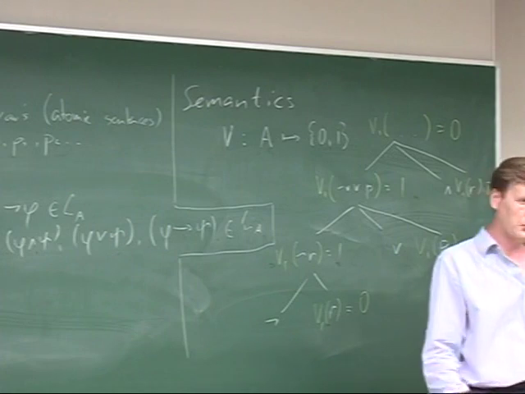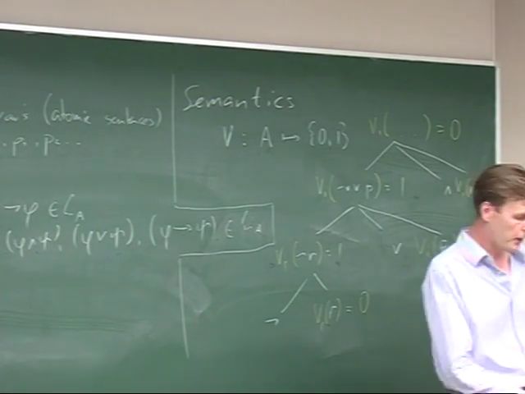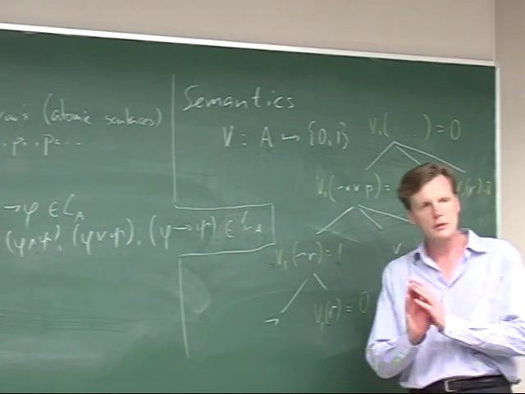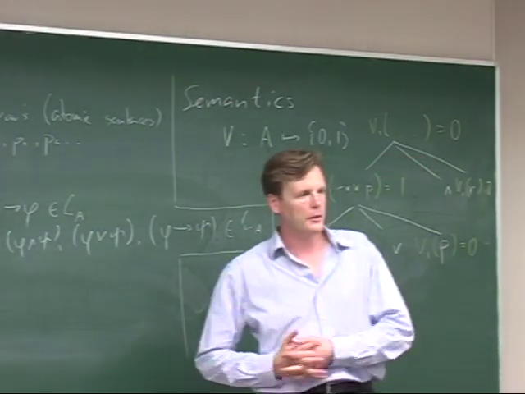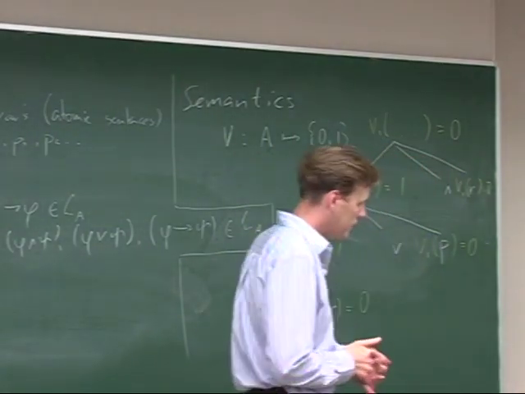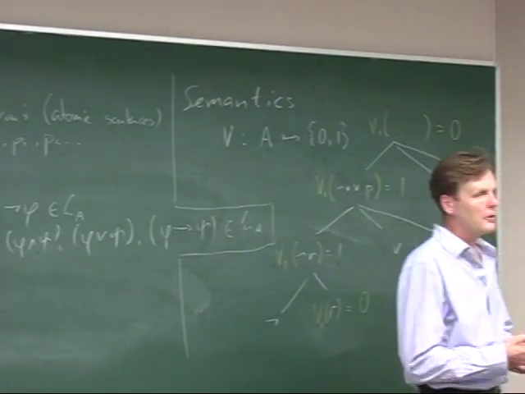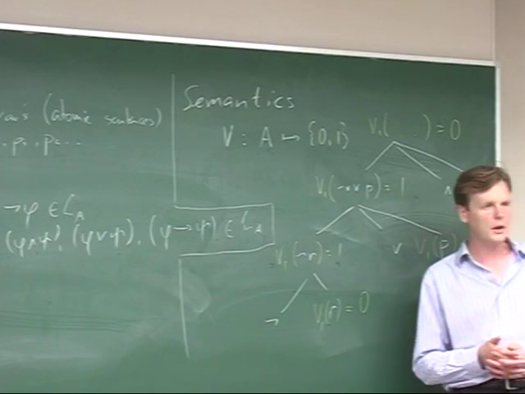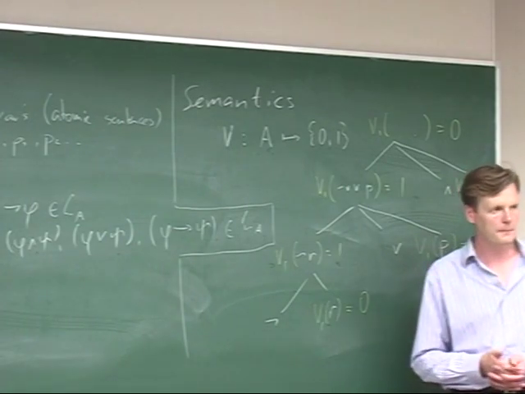In that case, our 4 valuation functions that we started out with, they really capture classes of states of affairs, right? So V1 is the class of all states of affairs in which P and R are false.